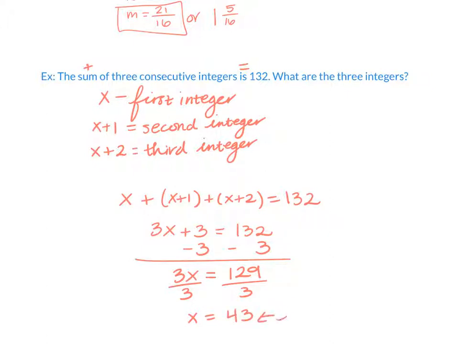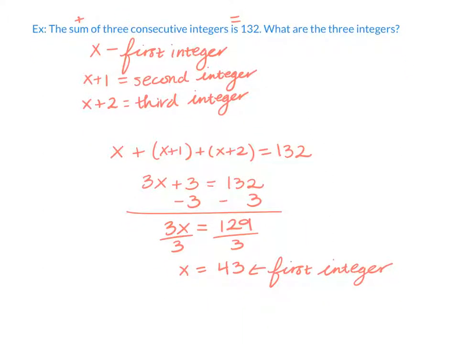So this means my first integer must be 43, because we said at the beginning here that x must be the first integer. So then to find the remaining two numbers, what I'm going to do is add 1. So x plus 1 must be 43 plus 1, which is 44. So that's my second integer.